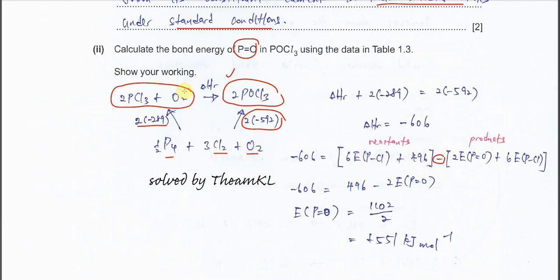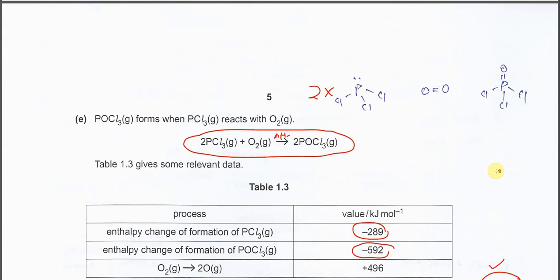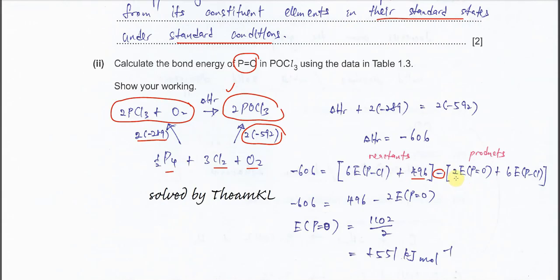So we need to break this O=O double bond, so plus 496. Minus this one: 2 times the P=O double bond and 6 times the PCl bond. Because in one molecule, it has 1 P=O double bond and 3 PCl bonds, and the product is also 2 moles, so need to times 2. Therefore, now it becomes 2 and 6 here.